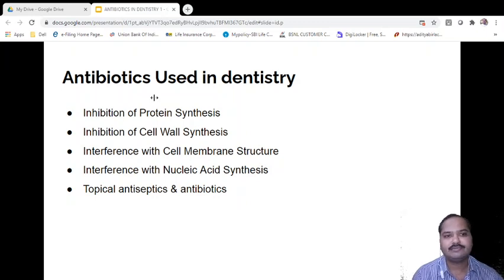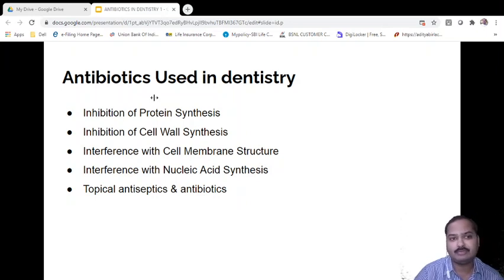So the antibiotics which are used in dentistry can be working on the basis of the principles of inhibition of protein synthesis, inhibition of the cell wall synthesis, interference with the cell membrane structure, interference with the nucleic acid synthesis, or they can be topical antiseptics and antibiotics which will work in a similar manner.